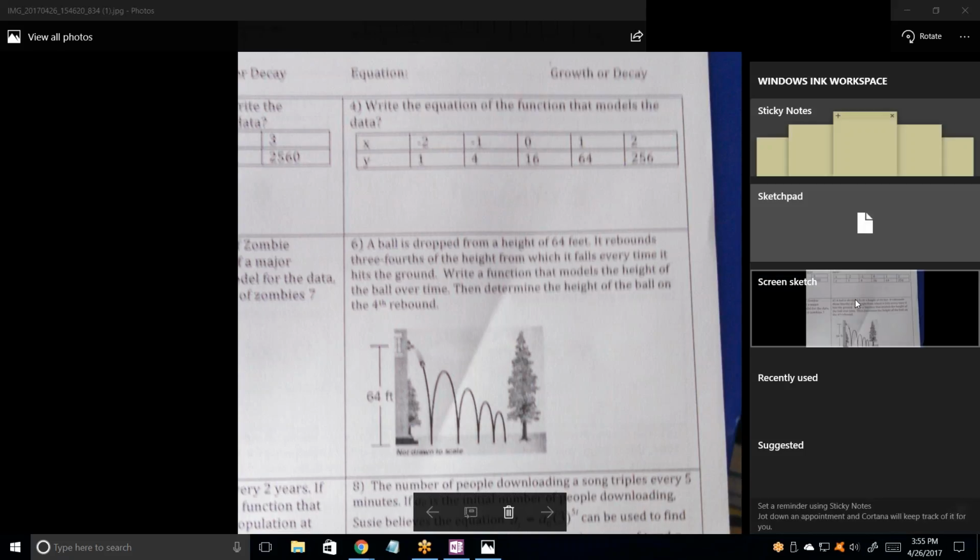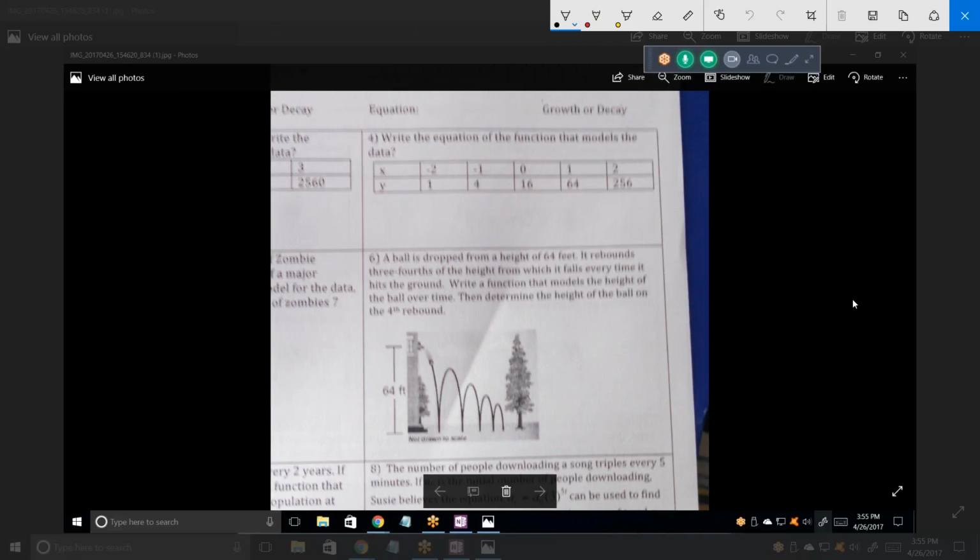So we just have to write an equation. This is just stuff we're practicing in class right now. First of all, if we look at it, we can see that as x goes up, y goes up. As x goes up by 1, y goes up exponentially. Right offhand, I would say we're looking at an exponential curve.